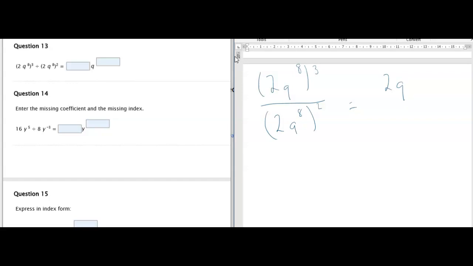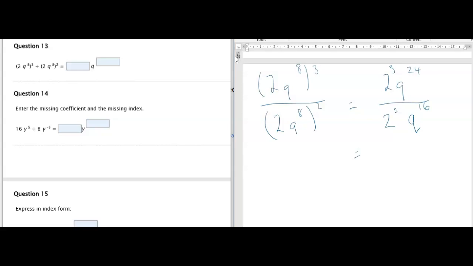Now, 2 and q^8 are both to the power of 3, so don't forget that. I nearly did forget that. So 2 to the power of 3, and q is 8 times 3, which is 24. And then on the bottom, we have 2 to the power of 2, and q is 8 times 2, which is 16.